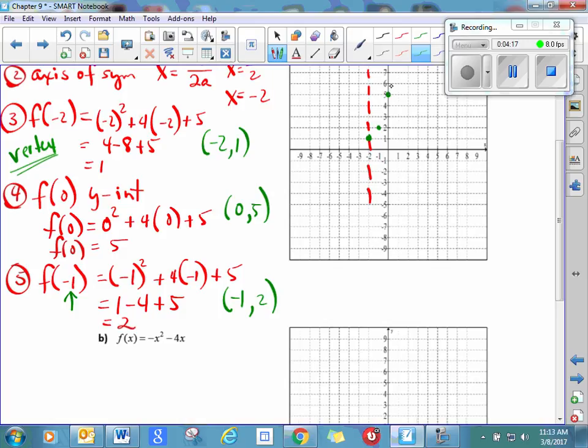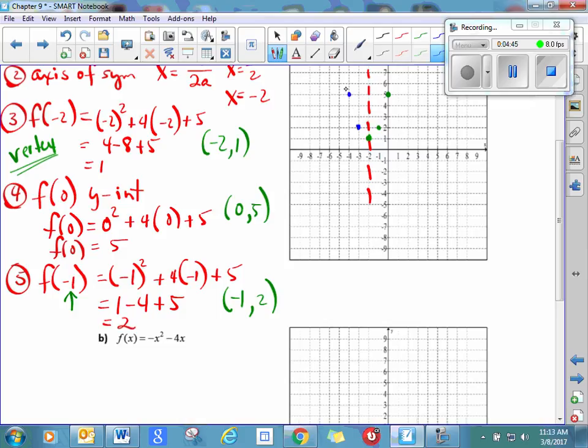Now I've got one part of my parabola identified, and I can do points on the other side of the axis of symmetry that are equidistant away. So this guy is 1 unit away, so I'll put a point over here that's 1 unit away. This 5 is 2 units away, so I'm going to go over here to the axis of symmetry, and I'm going to find one that's 2 units away.